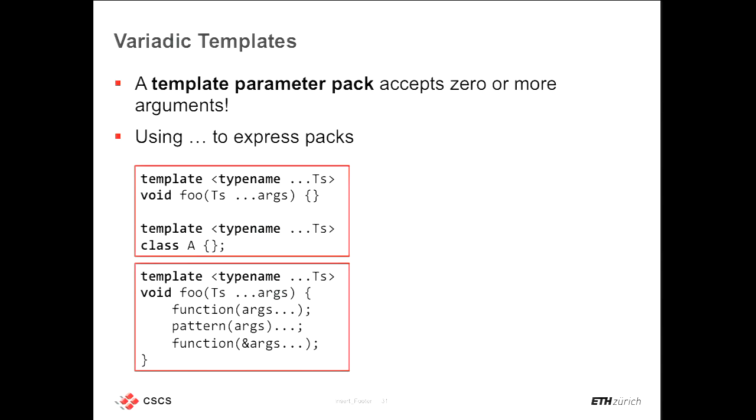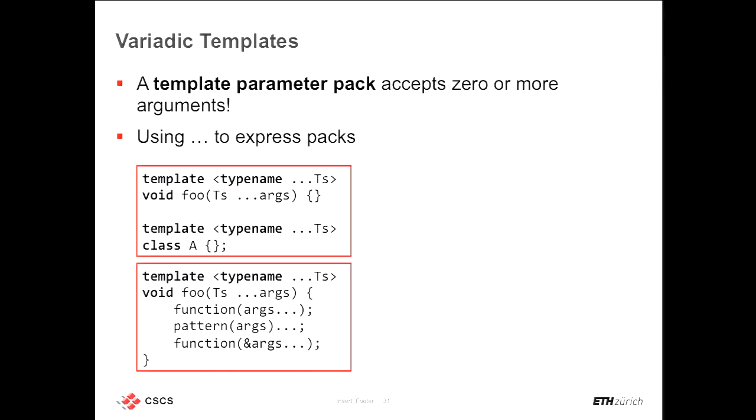And then foo takes ... args, which are the runtime arguments. Now foo at this point can use these arguments as it wants. For instance, it can do pack expansion.